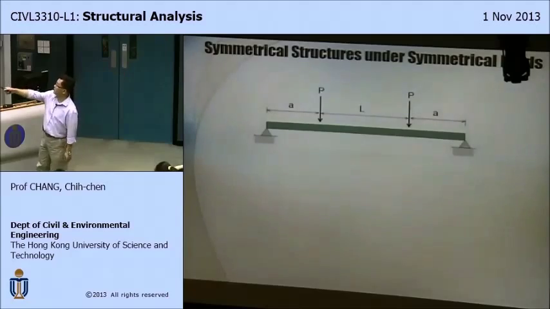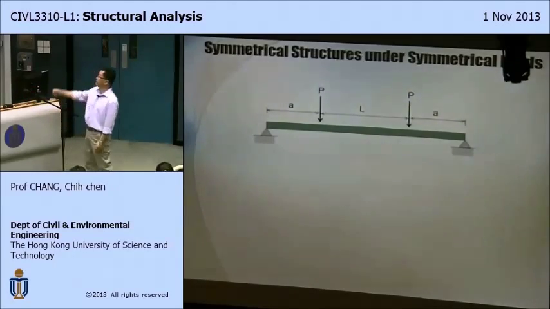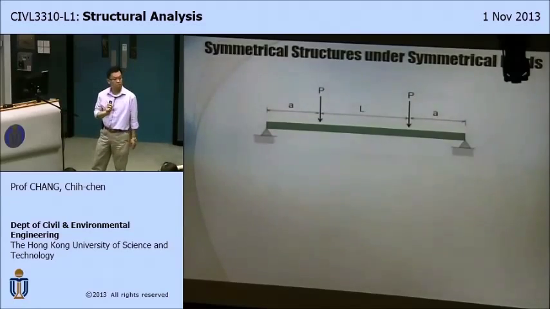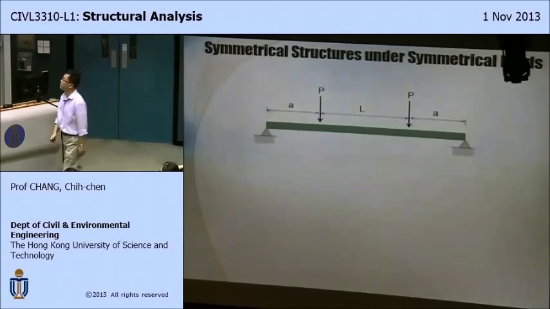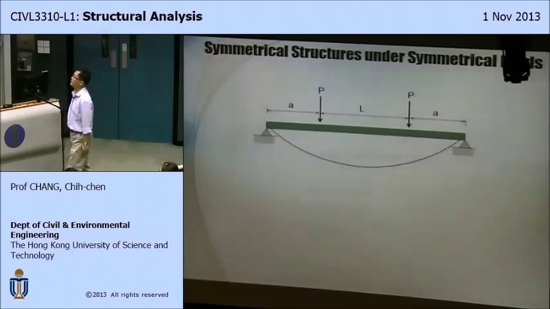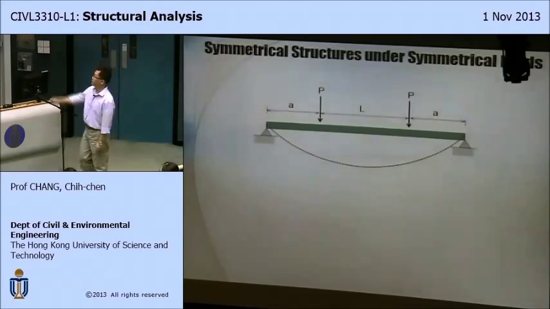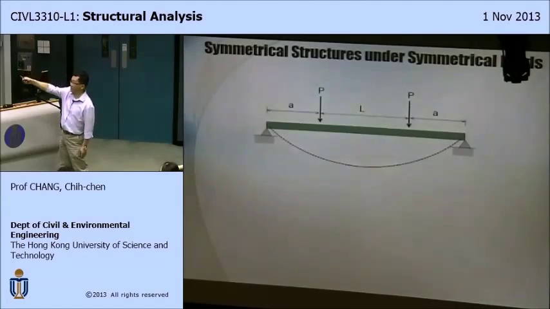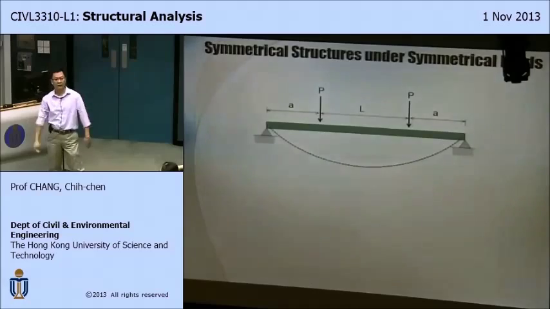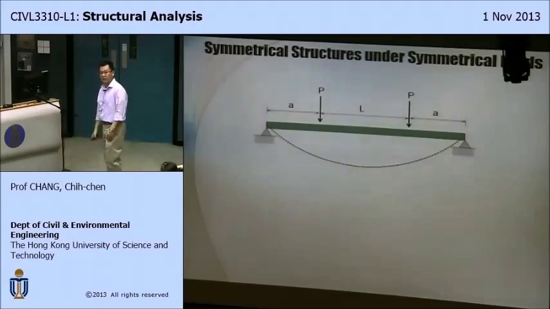So this is a symmetrical structure under symmetrical loads. Let's see the behavior. You're anticipating that the deformation goes like this, and it will be a symmetrical deformation, right? So this side and that side will be identical, mirror image.